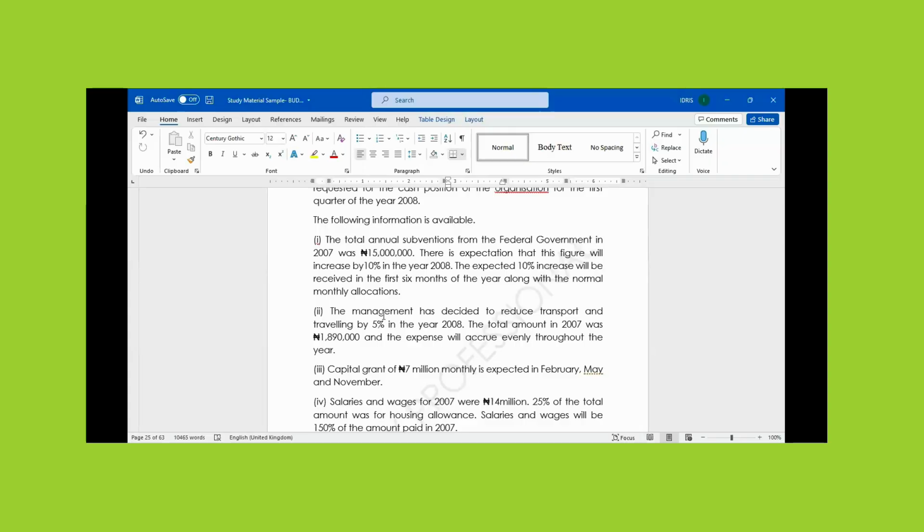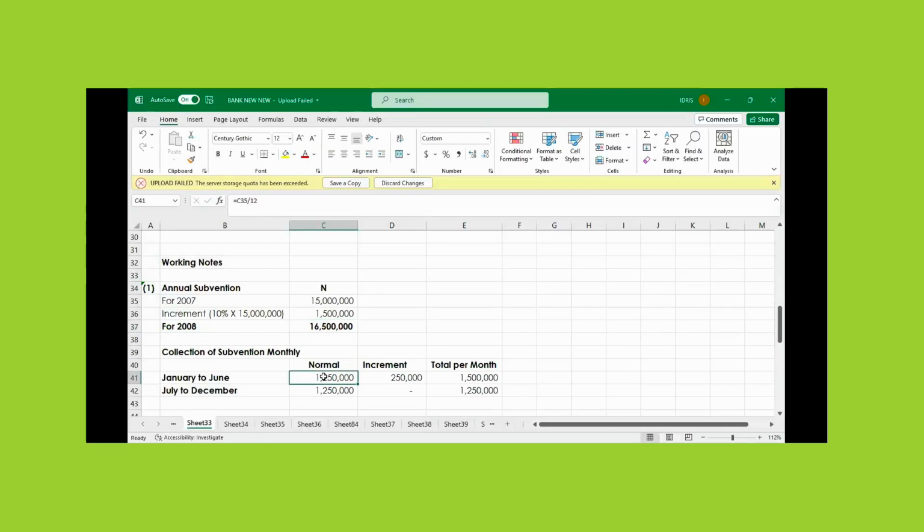So if you want to do it, you will say 15 million divided by 12, and 1.5 million divided by 6. If we divide 15 million by 12, what are you going to get? 1.250. That is the normal.